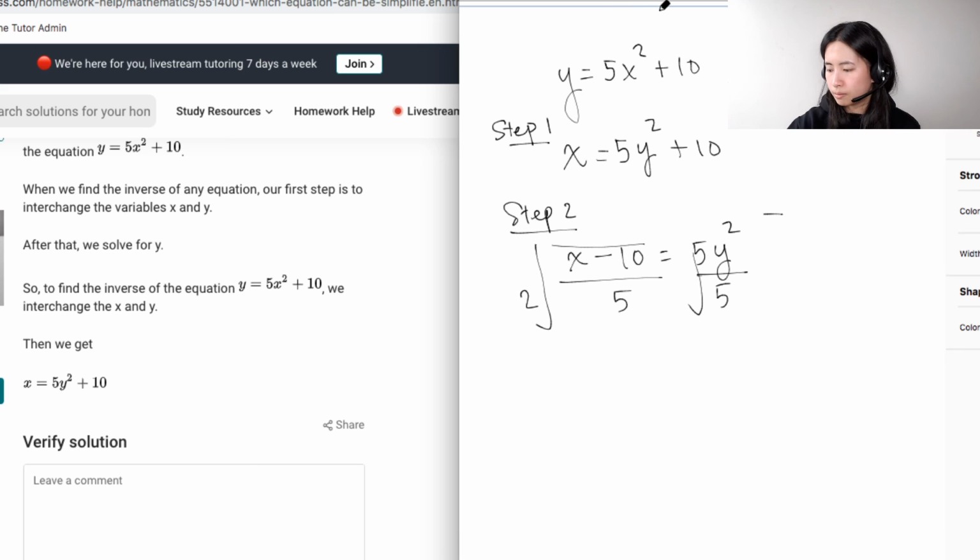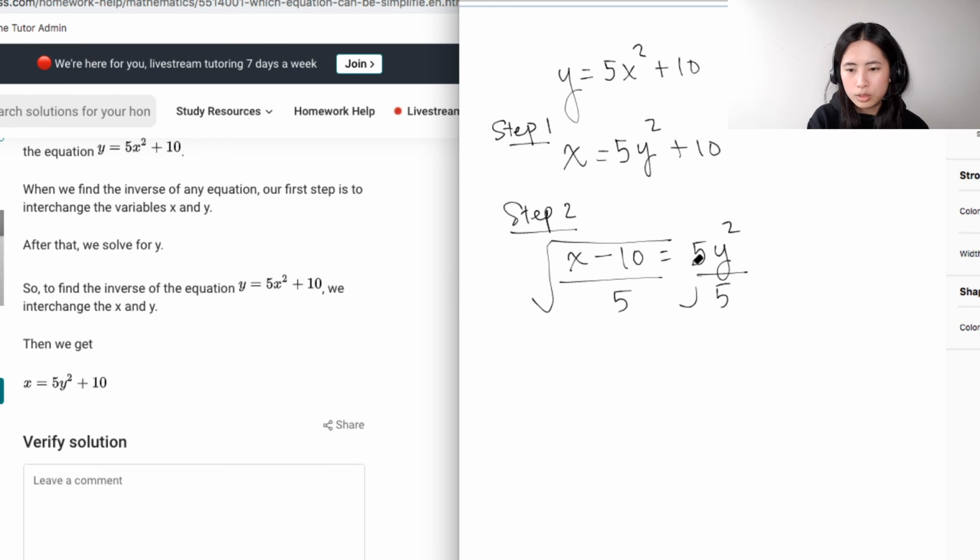So we take the square root. There we go. So we simply have y left, because if you have a square root, that means it's an exponent of 1/2. You multiply that by 2, and that would give you just y.